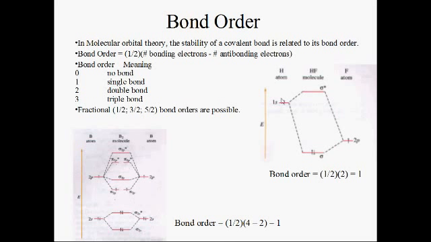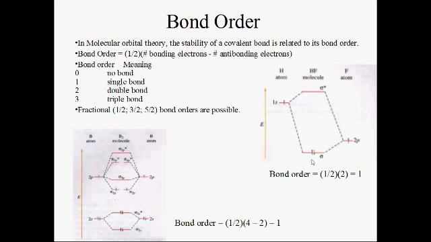Our 1s energy level for the hydrogen atom is a higher energy than the 2p energy level on the fluorine. They don't match. They're going to create one bonding molecular orbital and then one anti-bonding molecular orbital. So we use some additional computing power to calculate the relative energy levels of both the atoms and the molecules.